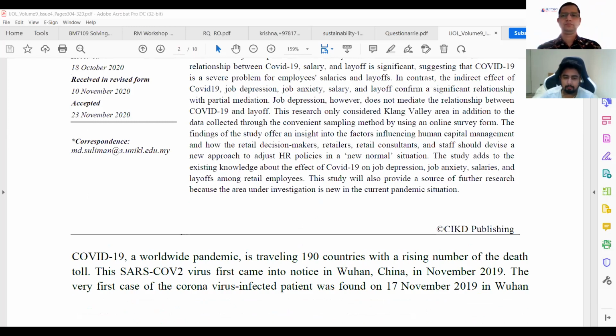So do I read it from the impact of COVID-19 or do I read from the start itself, from where it says COVID-19 is a worldwide pandemic? Yeah, it's from there, COVID-19.